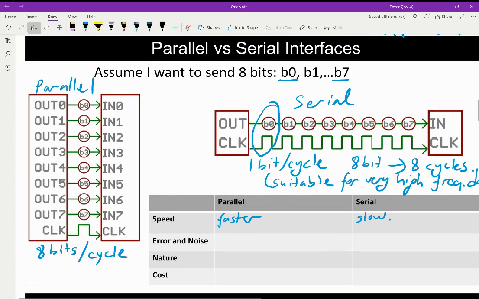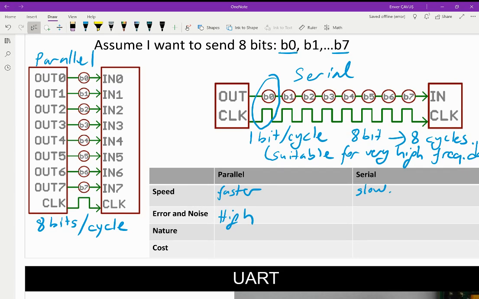When we look at error and noise, the parallel interface has high error and noise because these lines couple to each other. But the serial interface has minimum error and noise.